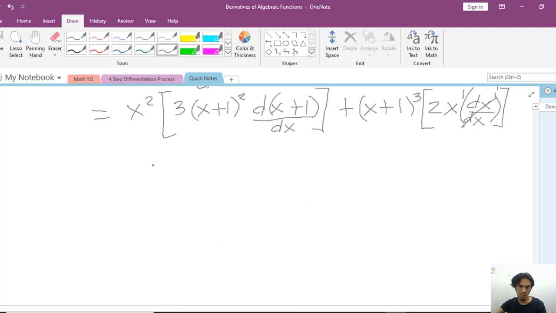Continuing, we have here simplification, x squared times 3 to 3x squared times (x plus 1) squared.